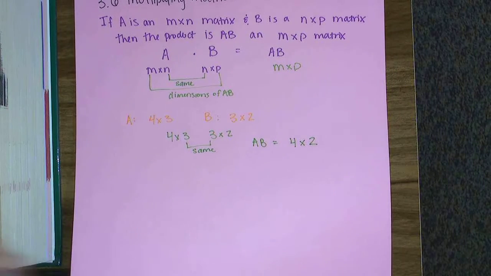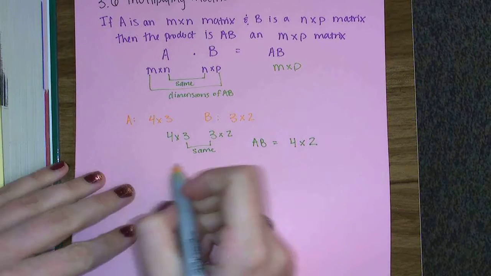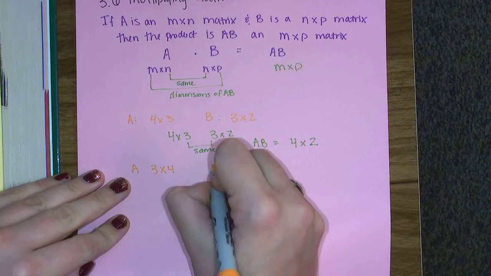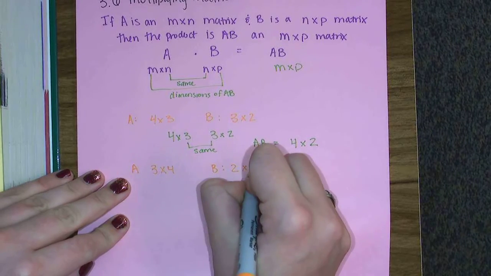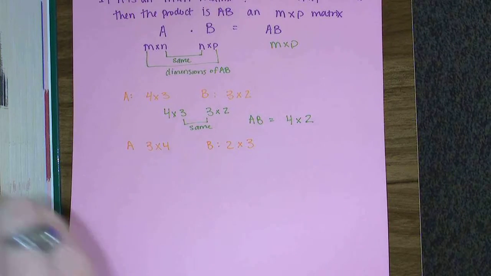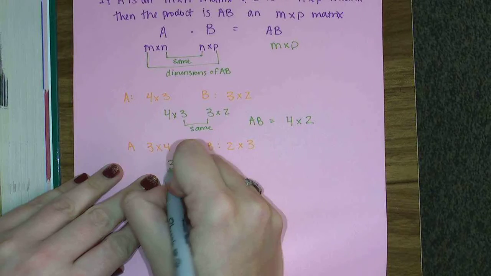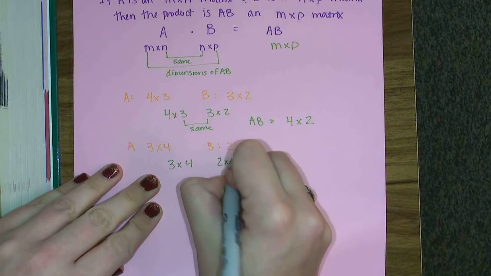But let's suppose that on the flip side, these were a 3 by 4 and a 2 by 3. Then 3 by 4, 2 by 3.